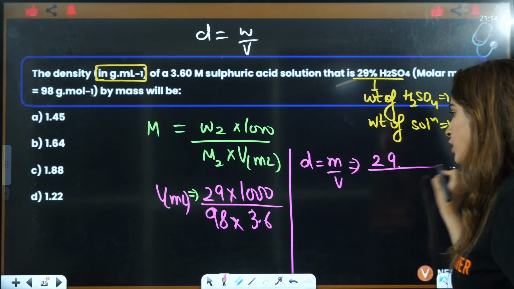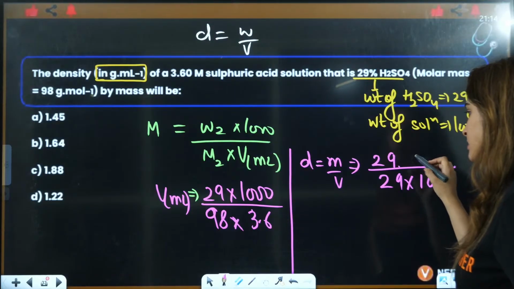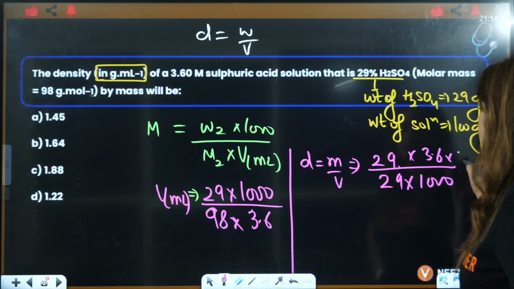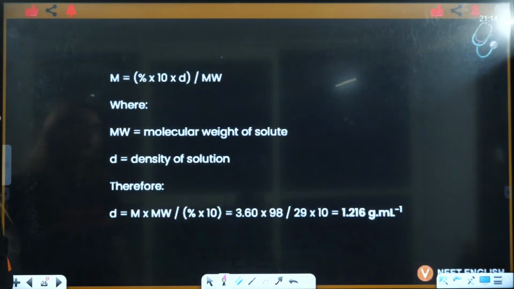No? Volume is 29 multiplied by 1000. This is 3.6. This is 98. That is coming out to be the same thing only. Let me see why. What wrong we did?